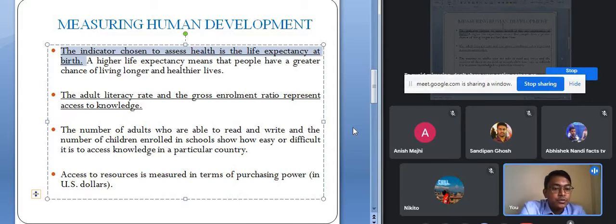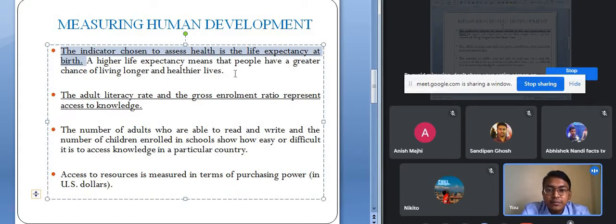A person who is having a healthy life will obviously have a higher life expectancy, isn't it? So the countries which have a higher life expectancy get more score in health, because maybe the health facilities are better in those countries. The indicator chosen to assess health is the life expectancy at birth.